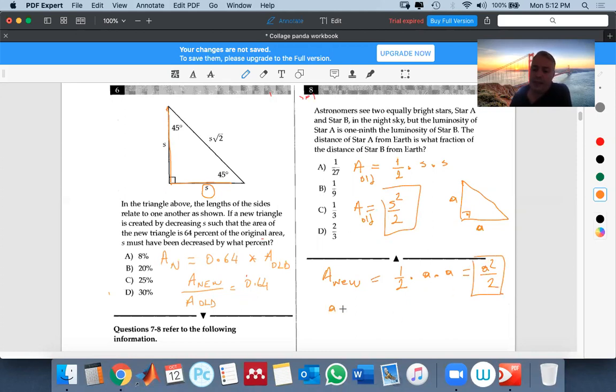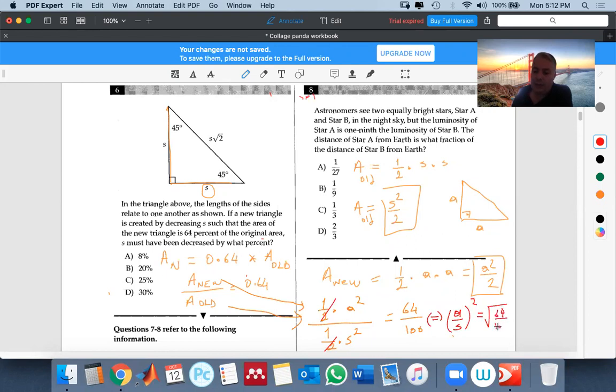So area new, which is 1/2 times A squared, divided by area old, 1/2 times S squared, is equal to 0.64, which is 64 over 100. Now, 1/2 and 1/2, when we simplify, I can say that A over S to the power of 2 is equal to 64 over 100.